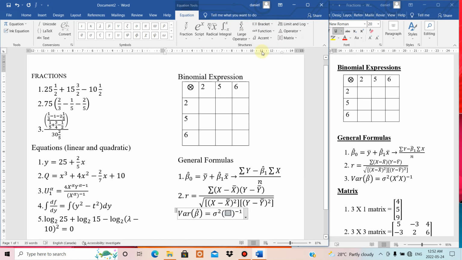So x prime, you can type the prime on your keyboard. Mine is shift plus the less than symbol. Sorry, let me type the value first.